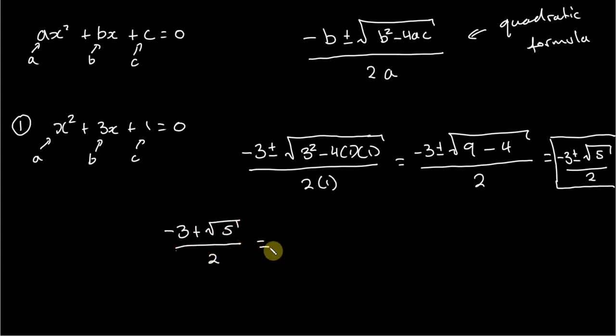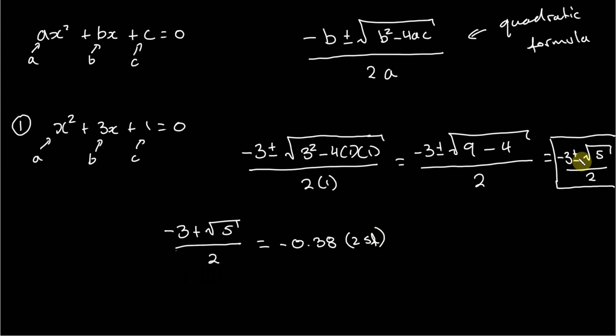And actually, instead of leaving it in surd form, I'll just write it out for this one example. So we know that our one solution is negative 3 plus root 5 over 2. And we're going to get a decimal value here. I'll just plug it into my calculator really quickly. So it's negative 3 plus root 5 over 2, and that's going to leave us with negative 0.38, two significant figures.